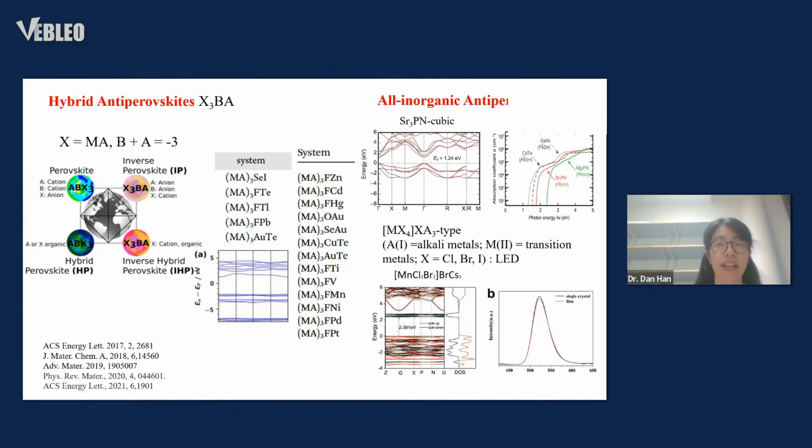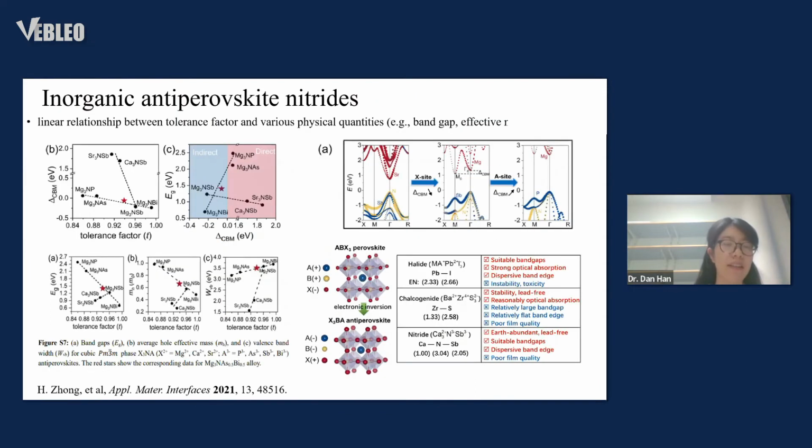In our recent work, we found an overlooked linear relationship between the tolerance factor and various physical constants, which can be useful for designing antiperovskite nitride-based alloys.